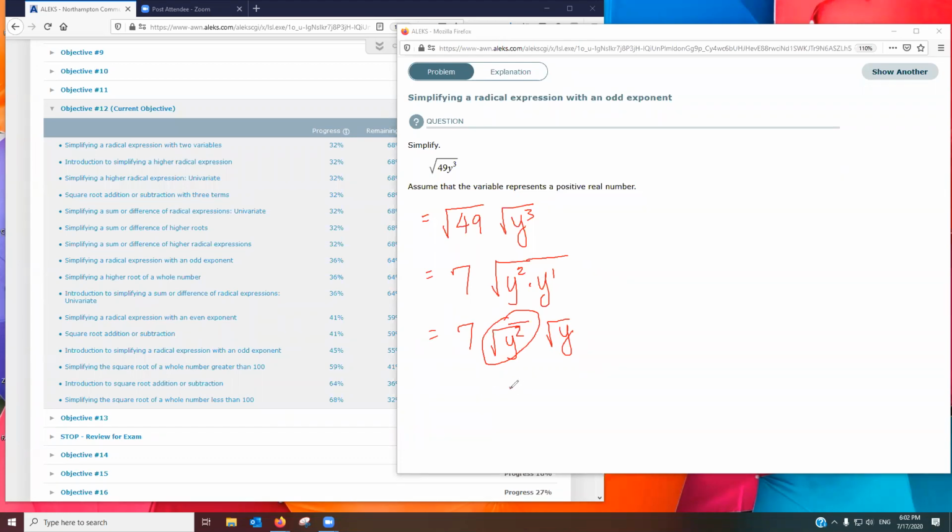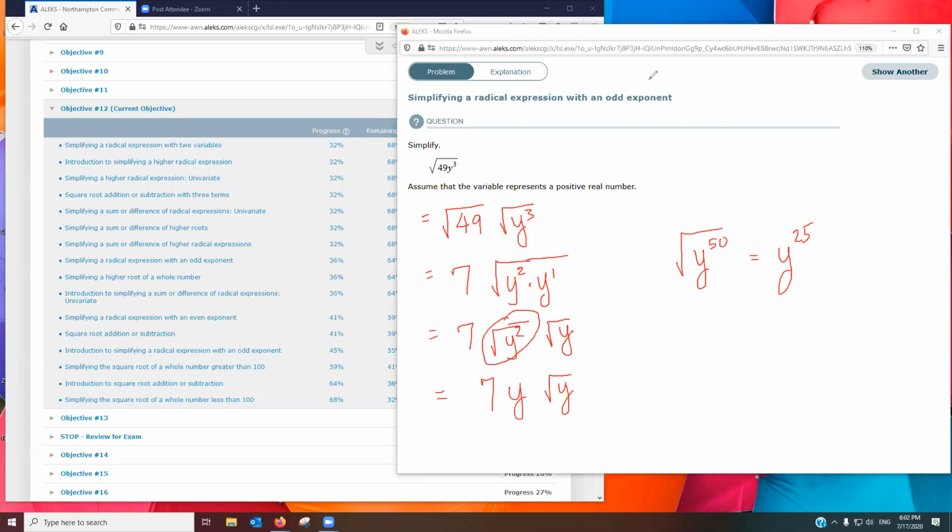Well, that's just y. Bring the 7 down and bring the square root of y down. So that's the answer. Again, remember, anytime you take the square root of a variable to an even exponent, like 50, let's say, what you end up doing is dividing that exponent in half. So the answer would be y to the 25.